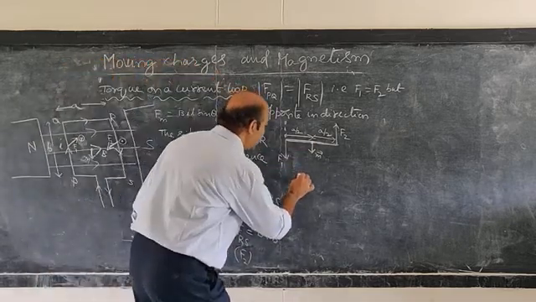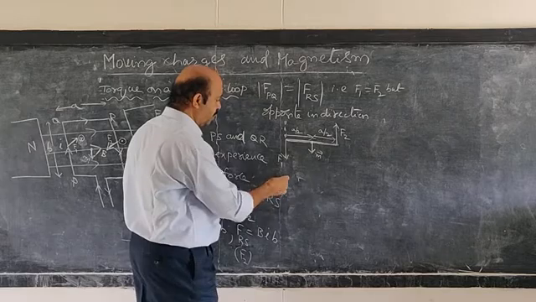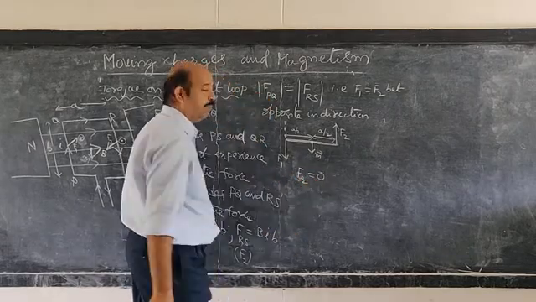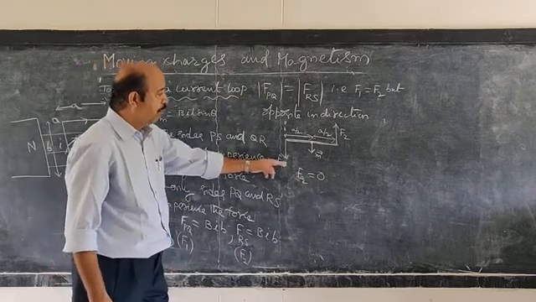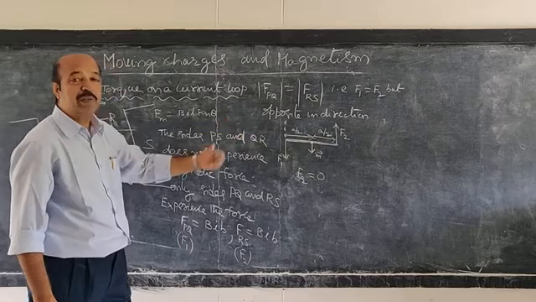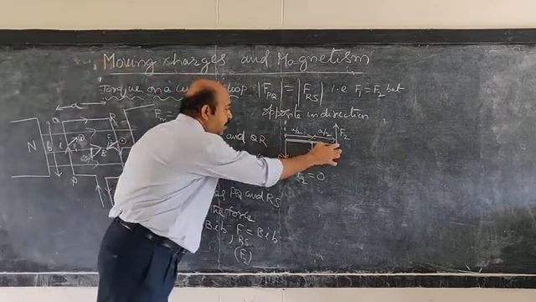Therefore, the resultant force, if you observe, is 0, because both forces are equal in magnitude but opposite in direction, acting at two different points.